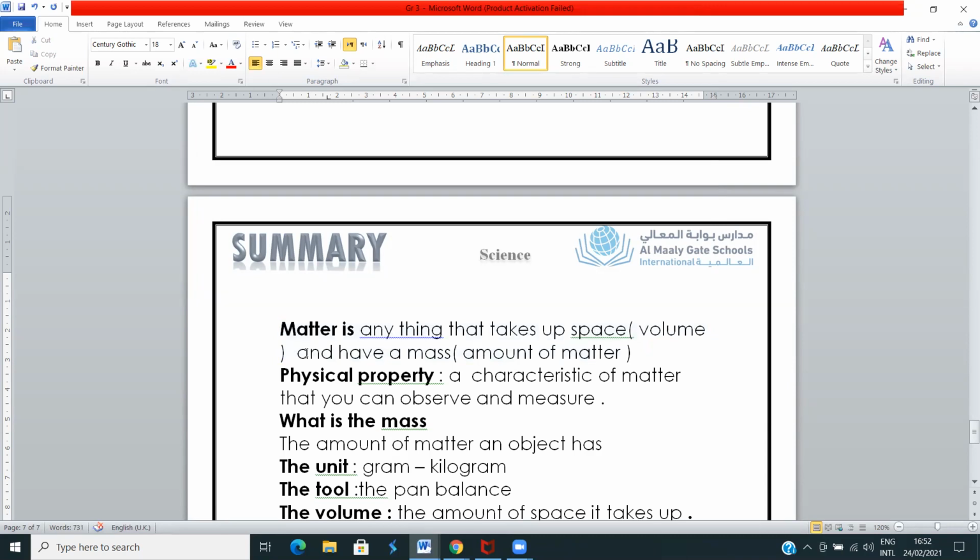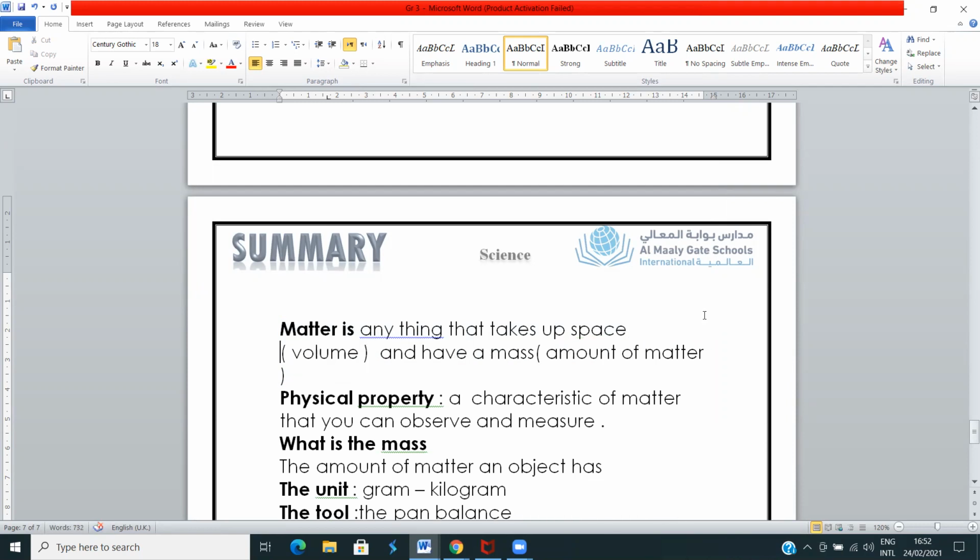The volume means the space which is occupied. If we say it has a mass, that's the amount of matter. The mass, in parentheses, is the amount of matter. So anything that has a mass and volume is matter.